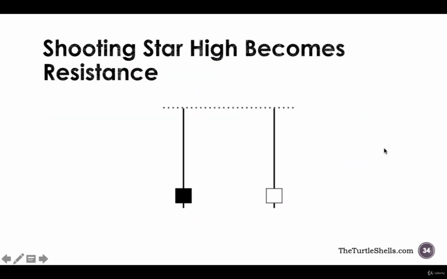That is the focus of this video. Whether it's a black real body or a white real body, the high of the shooting star becomes resistance. So I would keep my stop loss just above the high, maybe 1 or 2 ticks or 1 or 2 points or 1 or 2 units higher than the high created by the shooting star. And I would have my entry points like this for a short position.